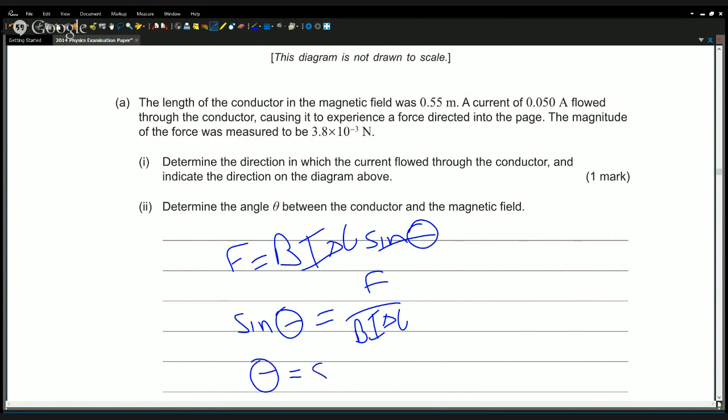Now I'll start putting some numbers in. Arc sine of, the force was 3.8 times 10 to the negative 3 newtons. We had a Tesla of, what was that?